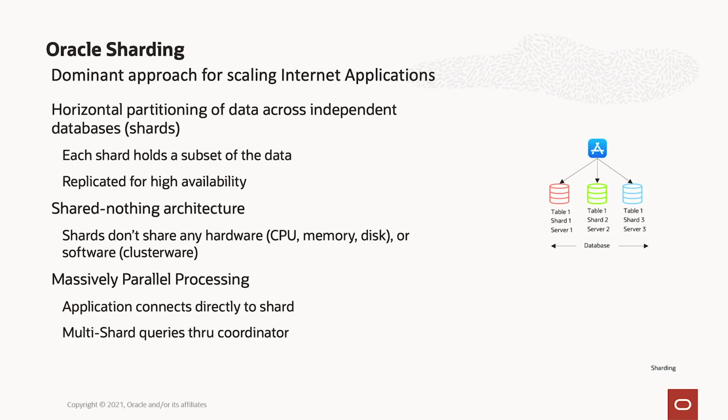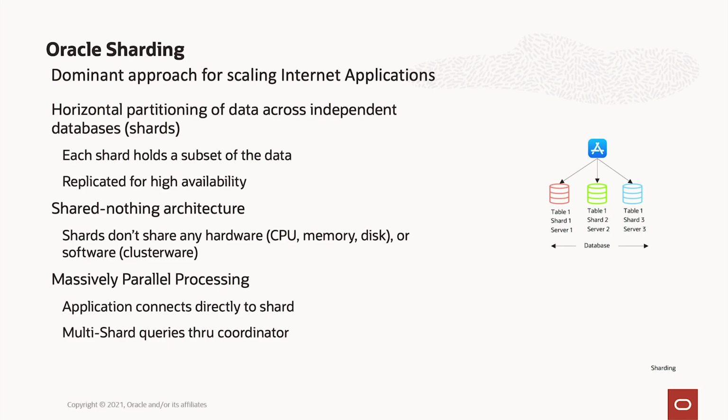It's a shared nothing architecture, which means that the shards don't require any specialized hardware or software. For example, we don't need specialized network attached storage or SAN storage. No need for any specialized network cards, NICs, or host bus adapters.